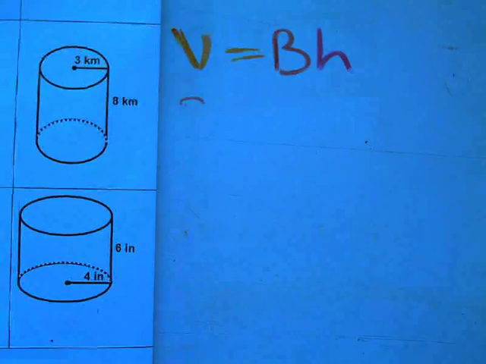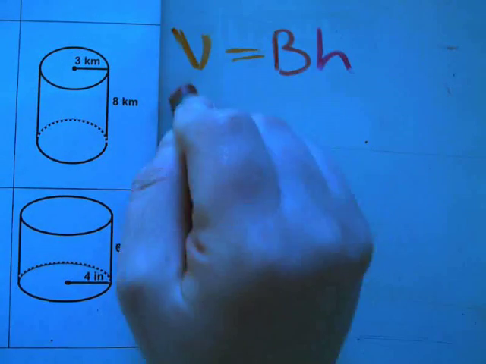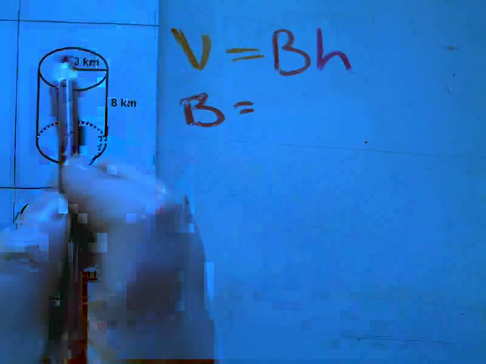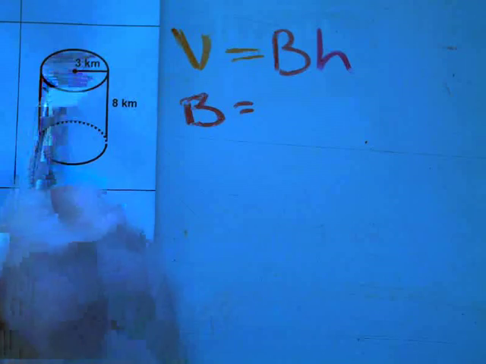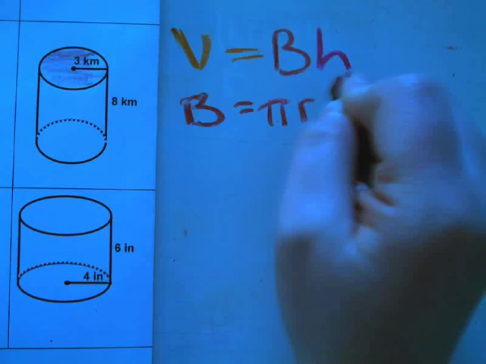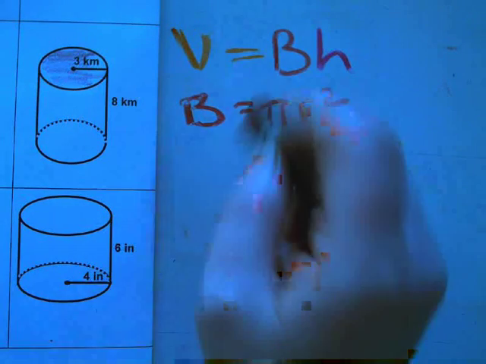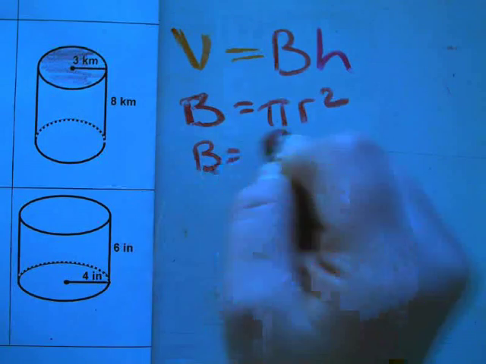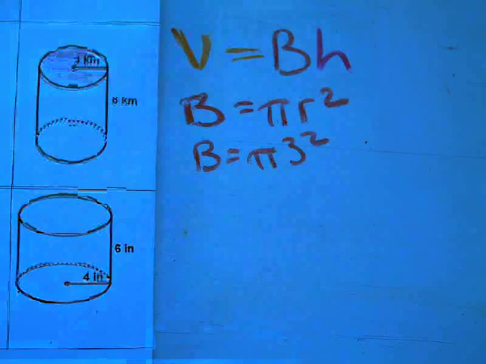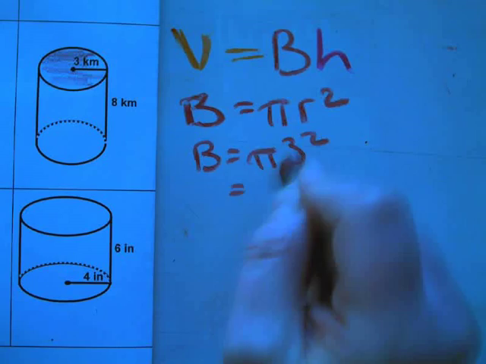Okay, we've got another cylinder. Volume equals base times height. I need to find my base. Again, our base is a circle because we're dealing with a cylinder. So we have pi r squared. This time they're not trying to trick us. Our radius is 3. So now we have base equals pi times 3 squared, which is 9 times pi, which is 28.27 again.